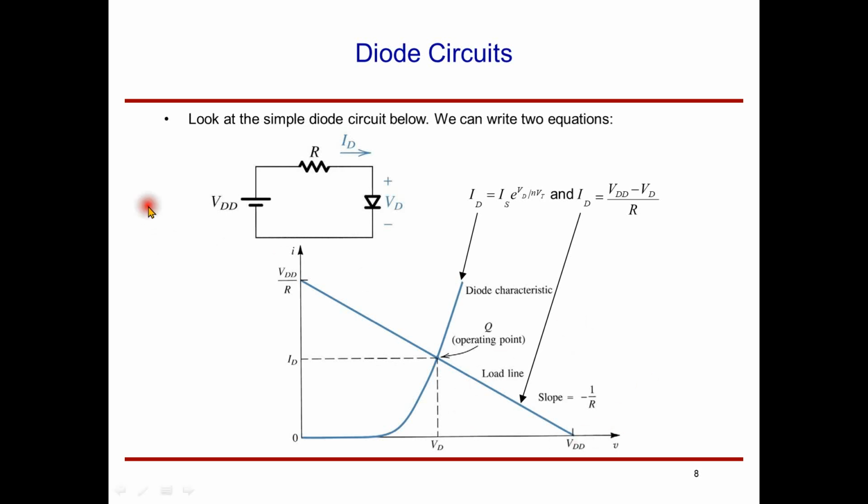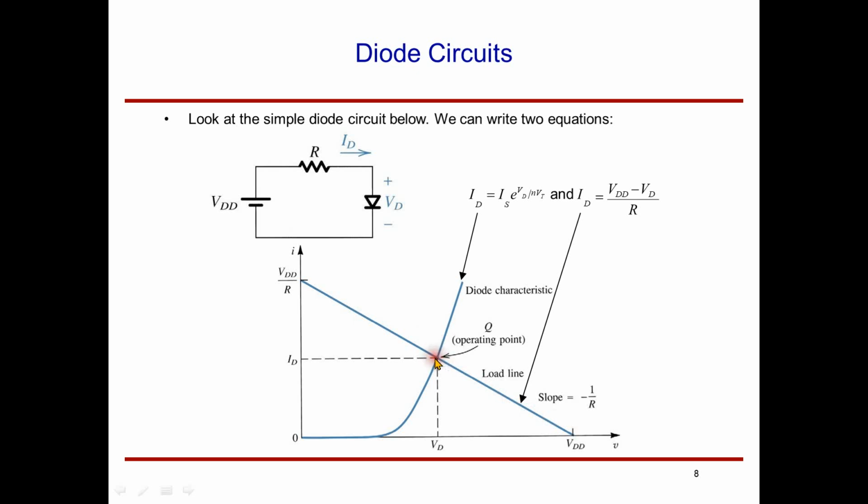Here we have considered one of the basic diode circuits, and this is the characteristics plot of a diode. We can find a Q point, which is also called an operating point, under this DC load line.